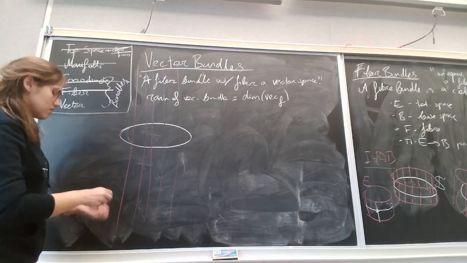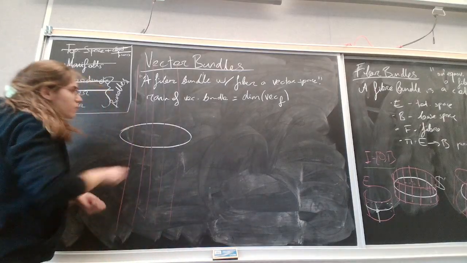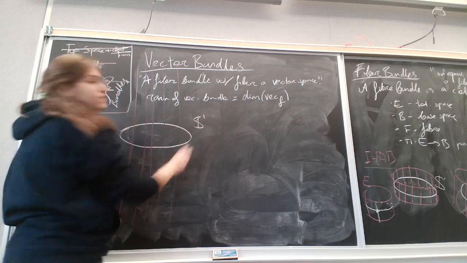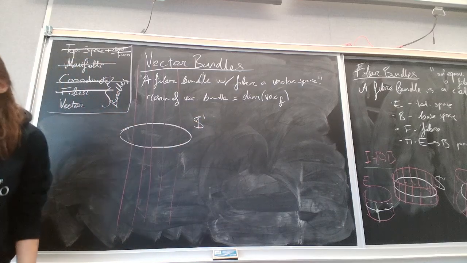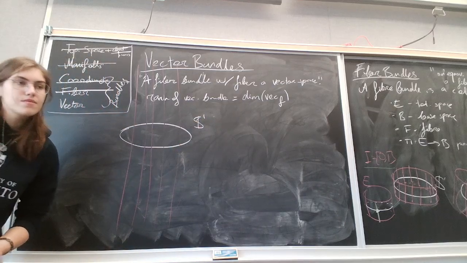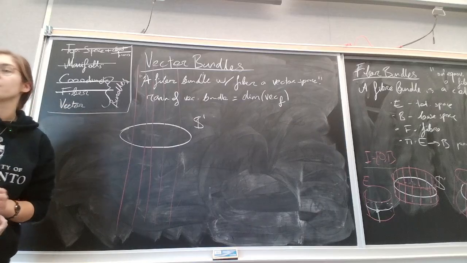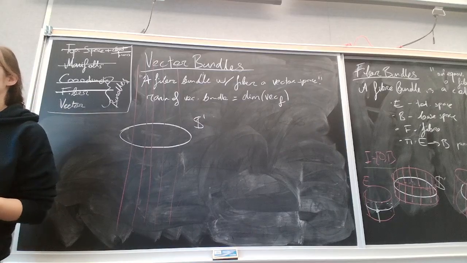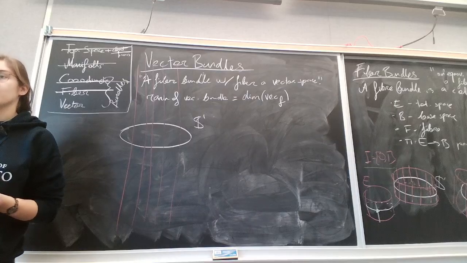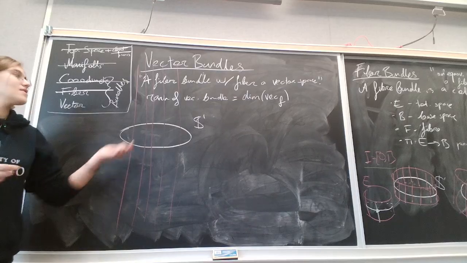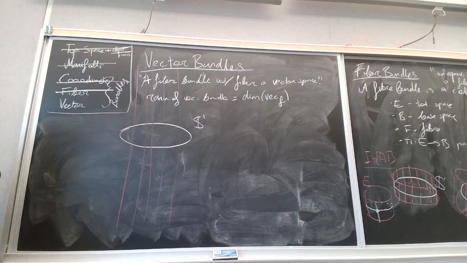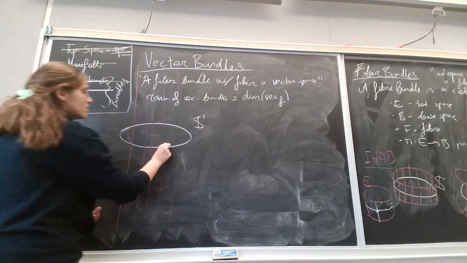So the base space is this thing in white, the circle. That's where I'm attaching. I'm saying I'm attaching a vector space at every point. What's the vector space I'm attaching? For every point, we can see the fiber, right?